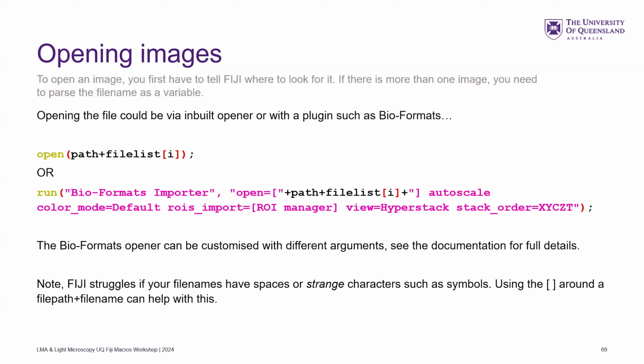A couple of things. You can change these arguments. There's a whole lot of documentation on bioformats. Read it on your own, but that'll get you started with most things. You may have to change this if you've got a microscope that's storing files with series. Sometimes you open up your bioformats and it says, do you want to open series 1, 2, 3, 4?